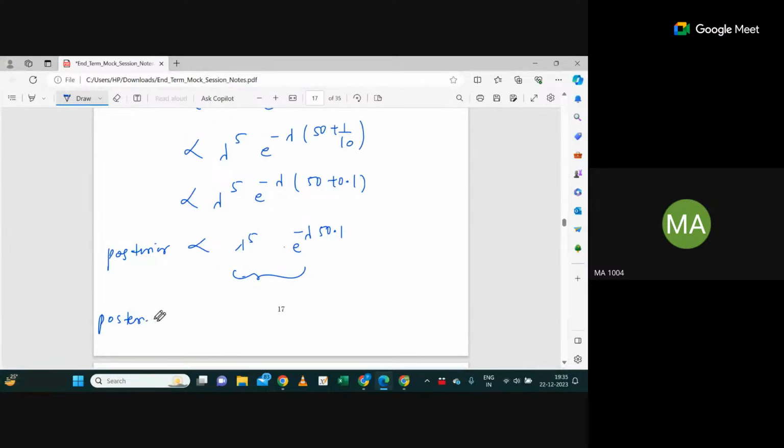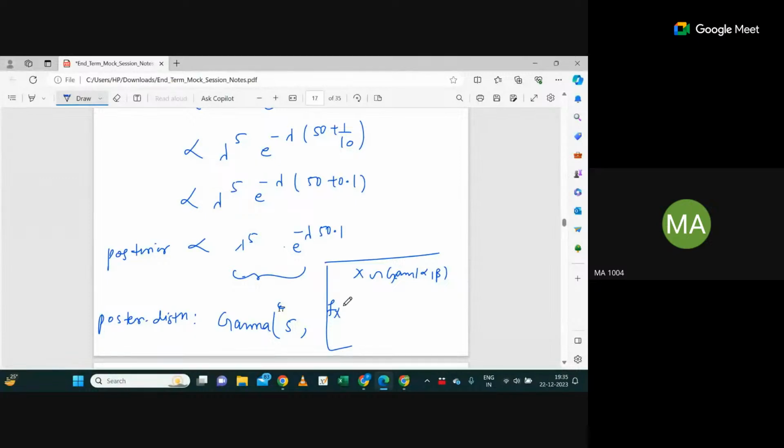So posterior distribution is nothing but gamma distribution, and parameters are 5 comma minus lambda. Okay, first of all, it should be 5. Minus 6. Correct. Actually, if you go for gamma distribution, let me write down the PDF of gamma distribution. Suppose x is following gamma, alpha comma beta.